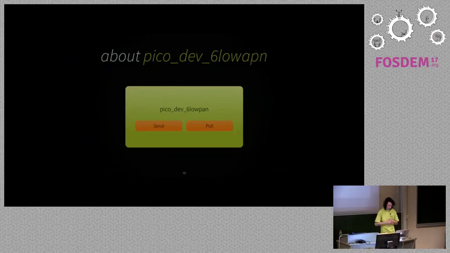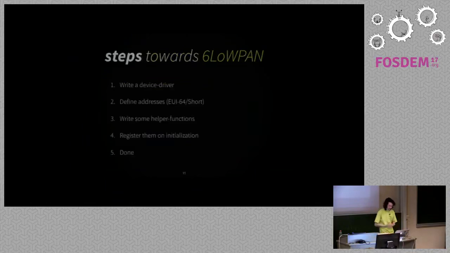So if you want to implement 6LoWPAN for your radio, you first have to write a device driver, define how you're going to use addresses, like EUI-64 extended addresses or short addresses, then write some helper functions and register them in picoTCP on the initialization of that device. Then it just works with that implementation of the link layer protocol, and you're done.